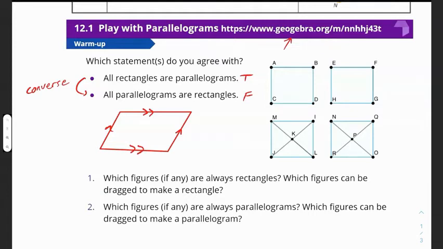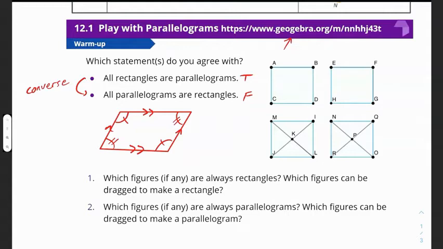That's a parallelogram, but these are not right angles. So hopefully you realize the second one is false. You just have to give one example. All right, which figures, if any, are always rectangles? Which figures can be dragged to make a rectangle?